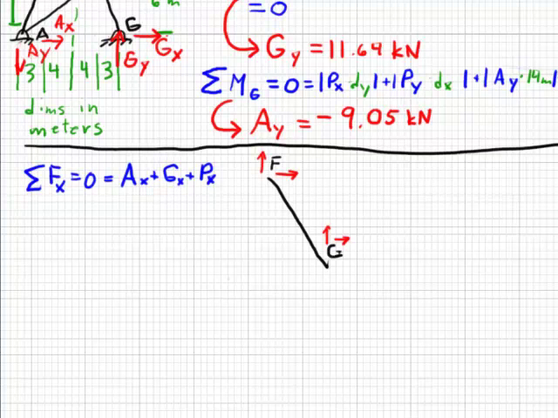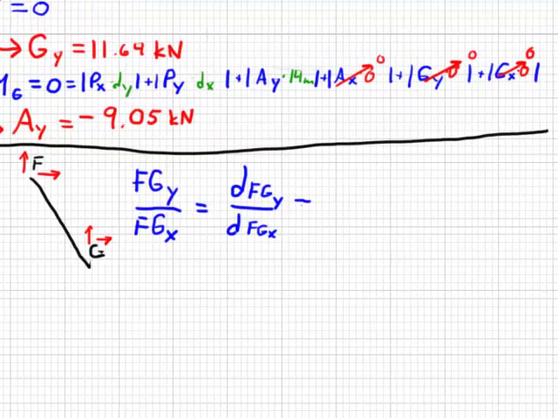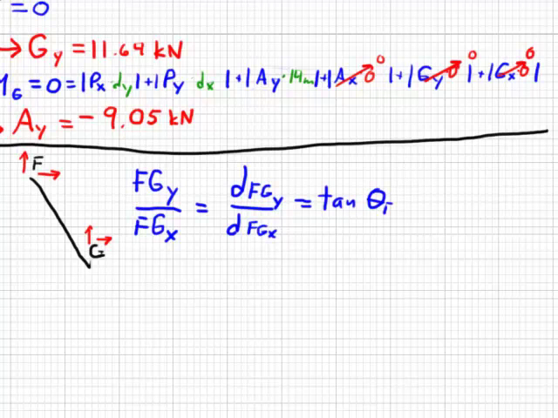If we look at the forces and consider them, the force on FG in the y, and its ratio to the forces on the strut in the x direction, they will be equal to the distance of FG in the y divided by the distance of FG in the x, which is actually equal to the tangent of the angle of FG.